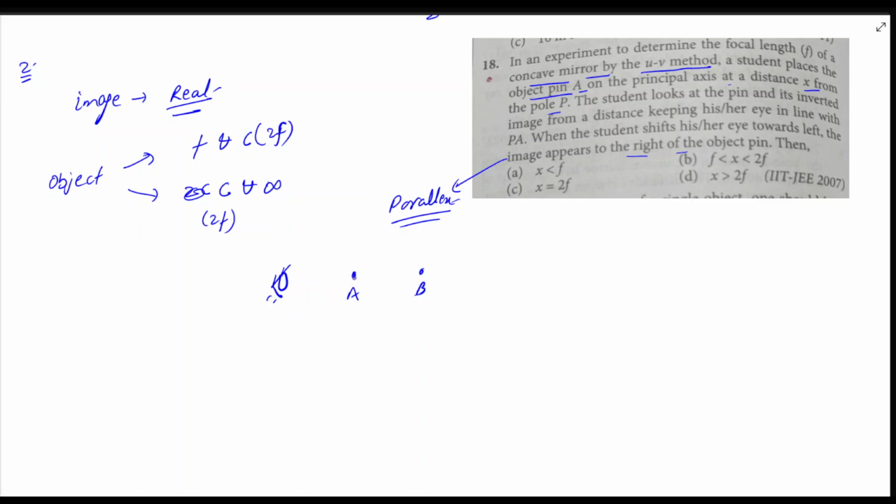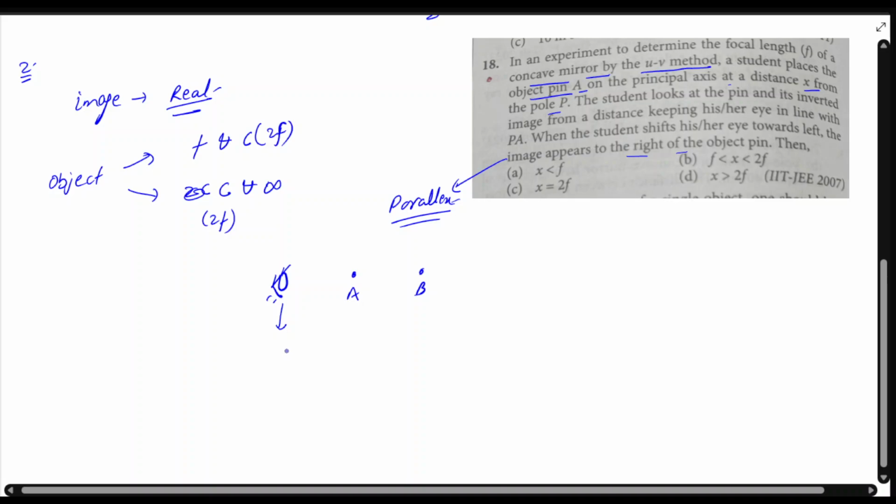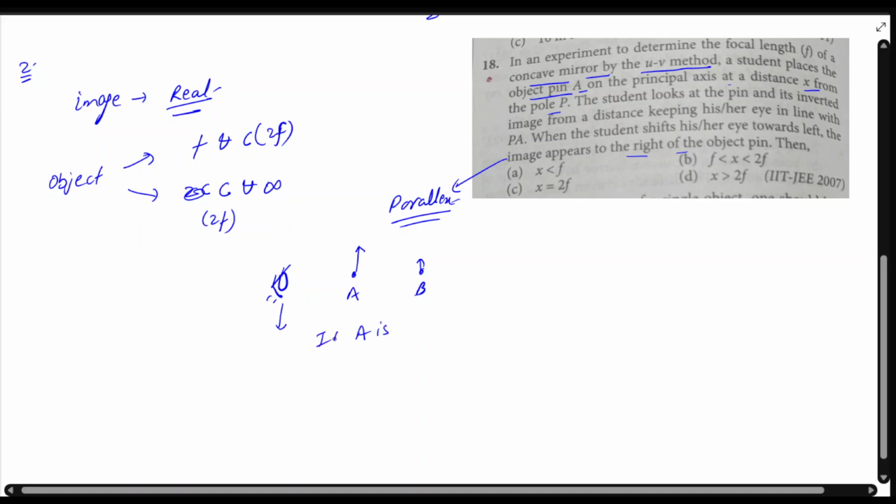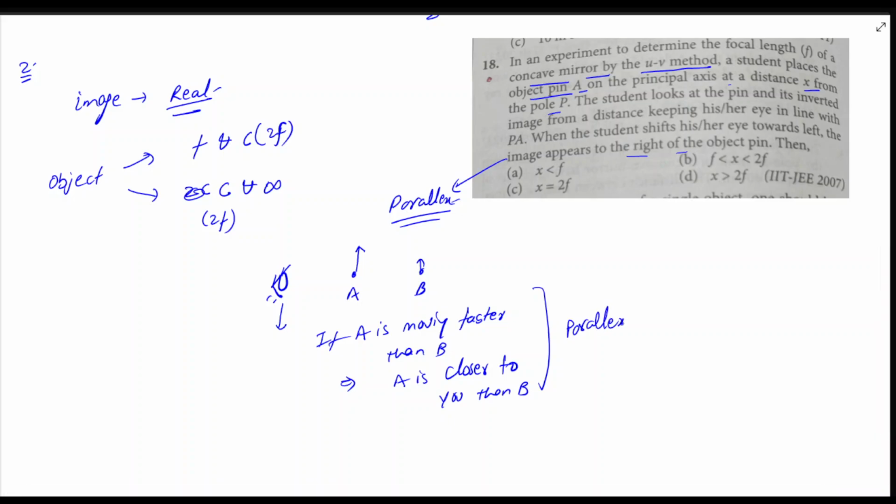So look, if A is here and B is here, you start to move your eye. If you see A is moving faster than B, that means A is closer to you than B. Okay, so this is what you call parallax.